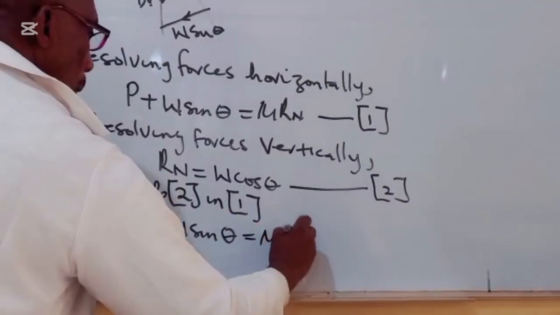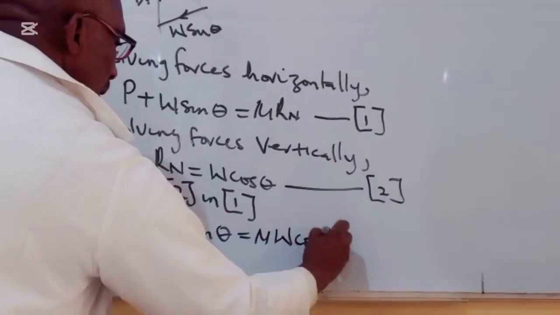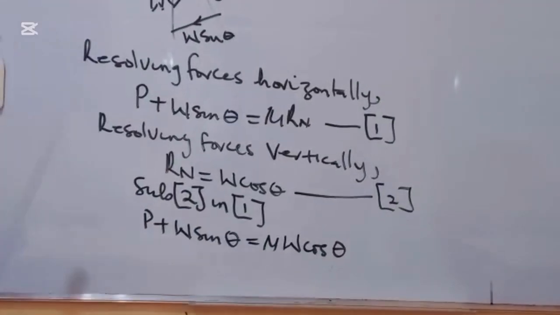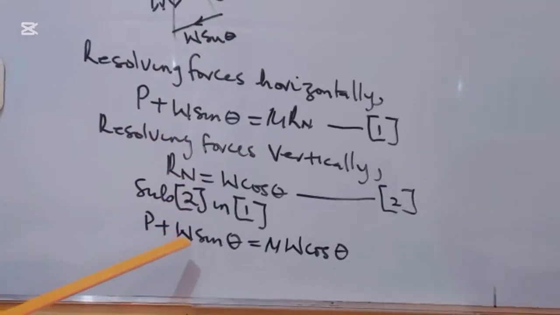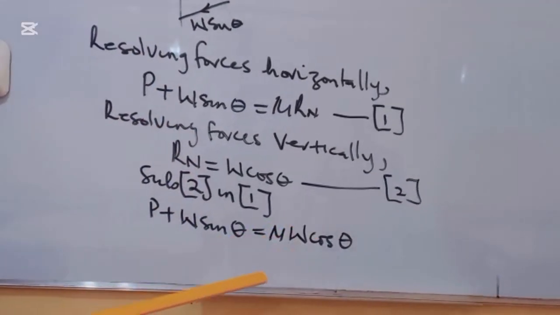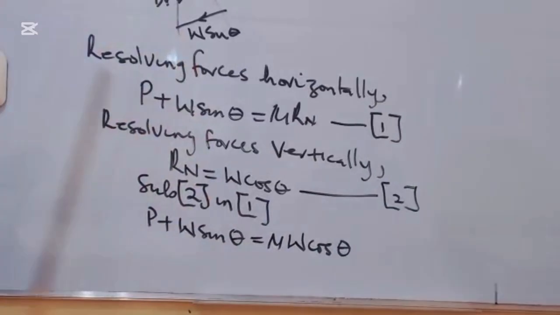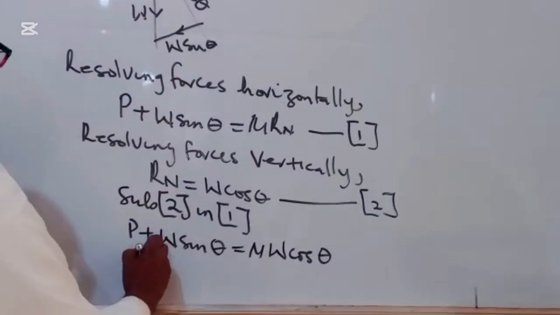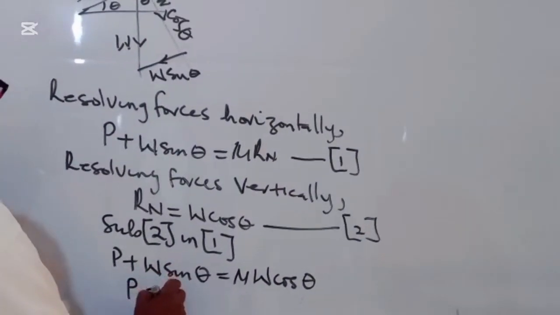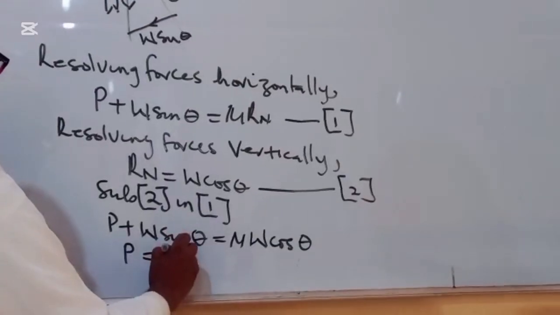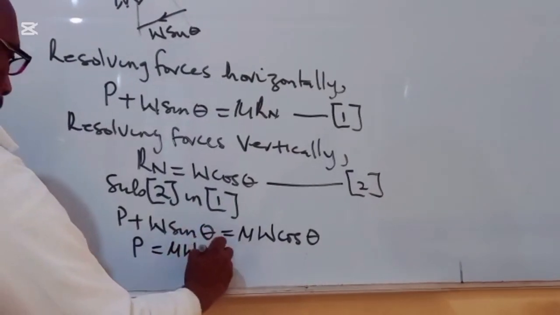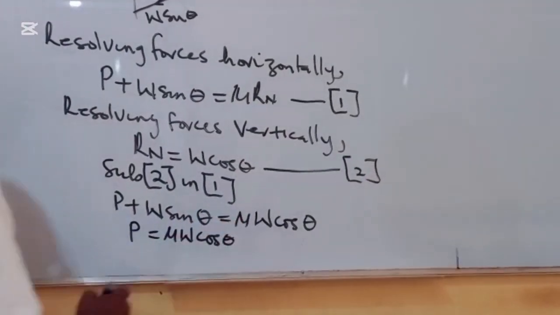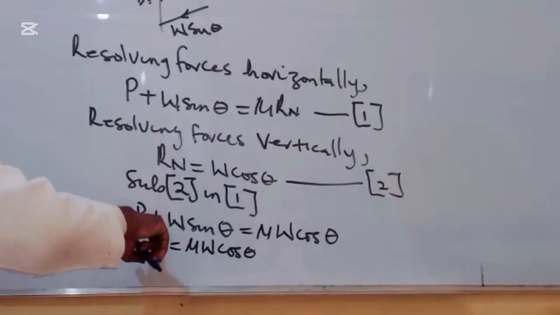So we have from equation 1, P plus W sin theta equals mu, what is Rn? W cos theta. Okay? Let us take the W sin theta to one side so that we make P the subject of this formula. Therefore, we have P equals mu W cos theta, right? Mind, please, it is plus here.